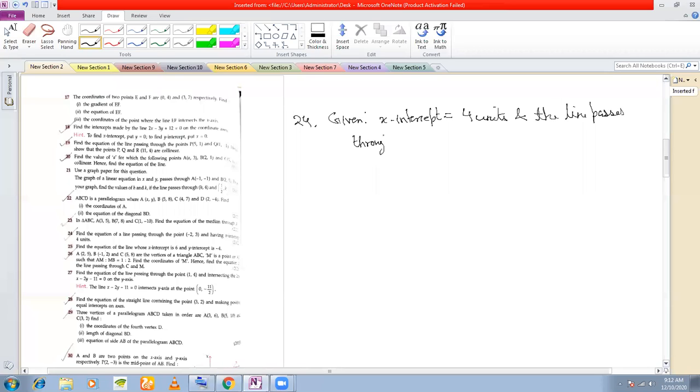And the line passes through minus 2, 3. You need to find out the equation of this straight line.